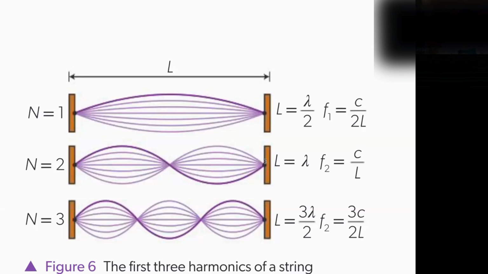In the first one, the wave has been pulled up once. In the second one, it's been pulled up so that it goes like this. In the third one, there are 1.5 wavelengths forming. Very good. So have you studied this before? No. Good, you are catching the point perfectly.